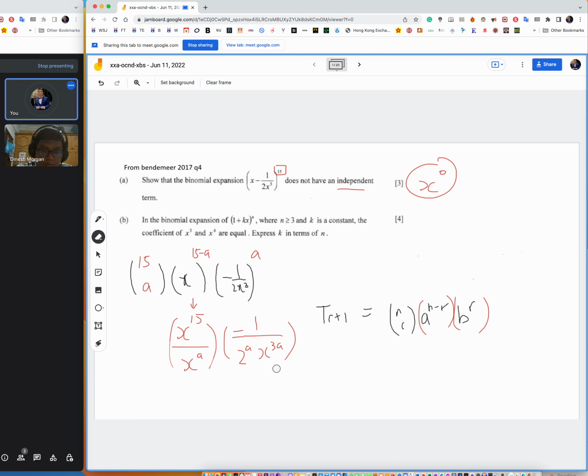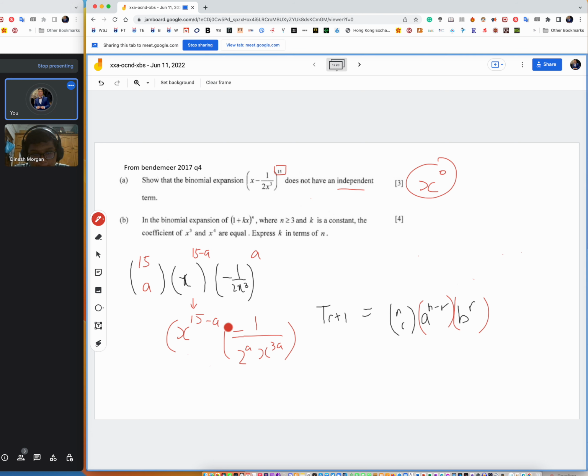Okay? So 2 to the power a, I don't have to care about a, right? Because I'm not going to figure that out, because I just need to prove that there is no x to the power of 0, right? So I just need to focus on extracting the x to the power of something term. Okay, so over here I shouldn't write this, but I should write x to the power 15 minus a.